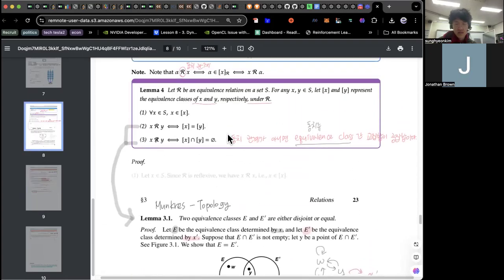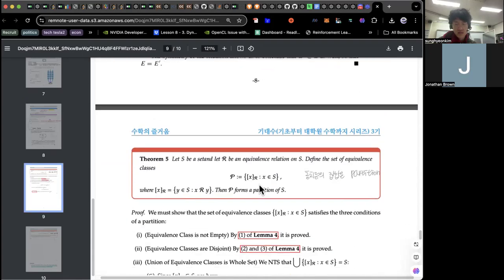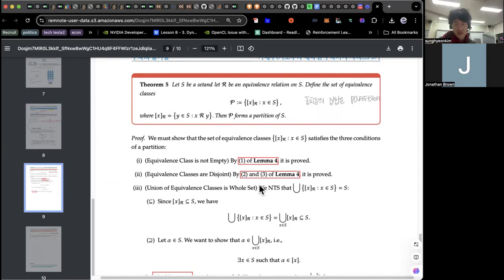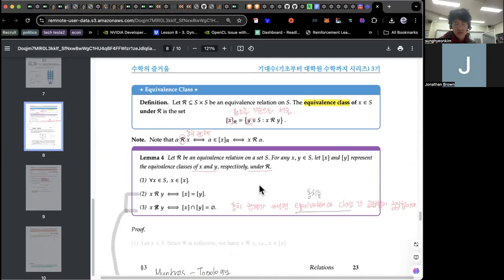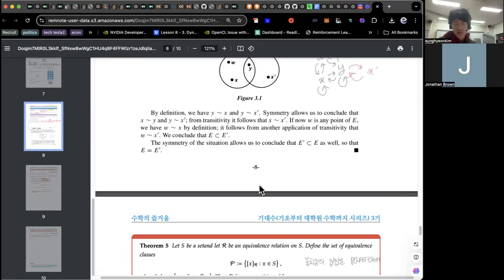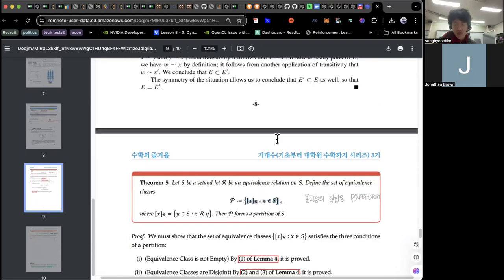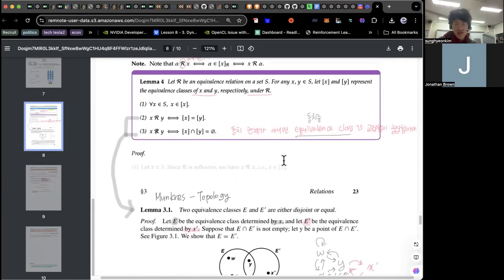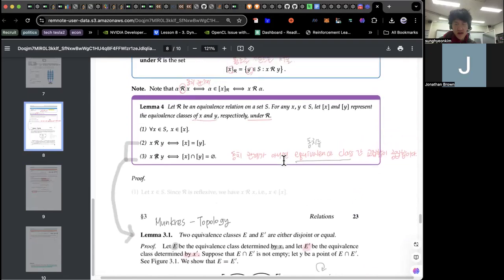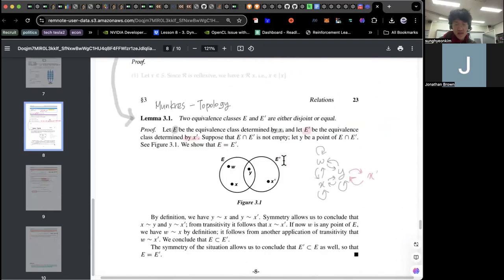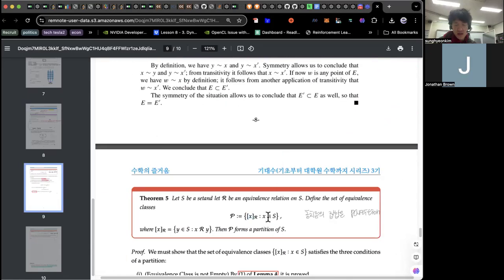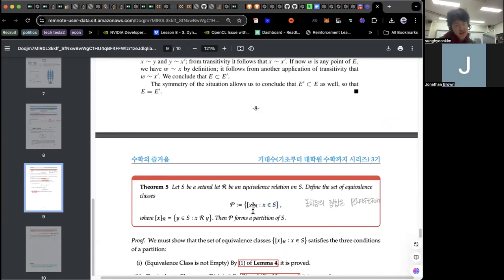If X is in an equivalence class under R, then we can say X and X have an equivalence relation.